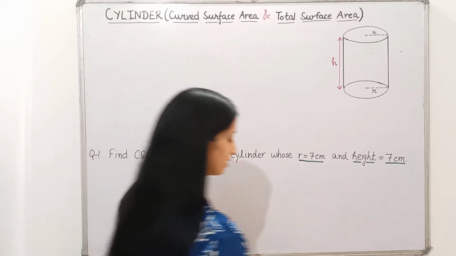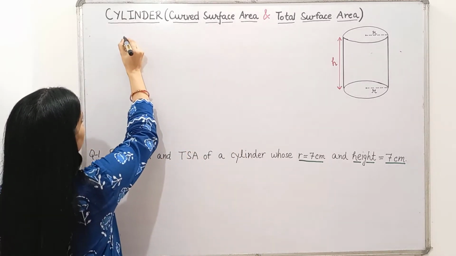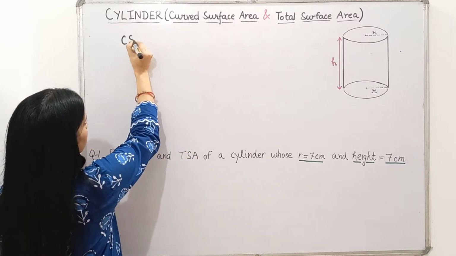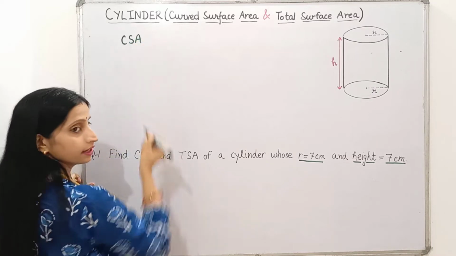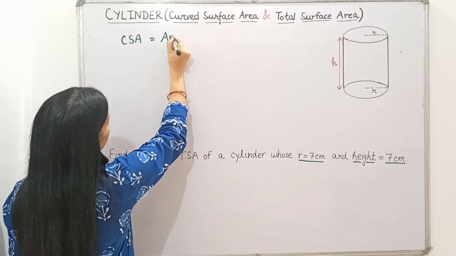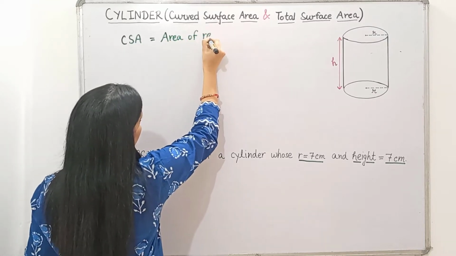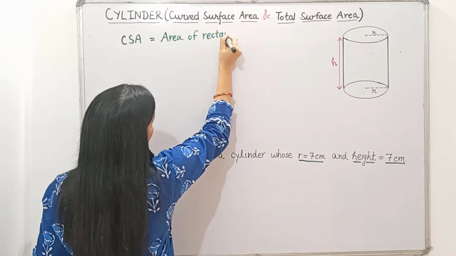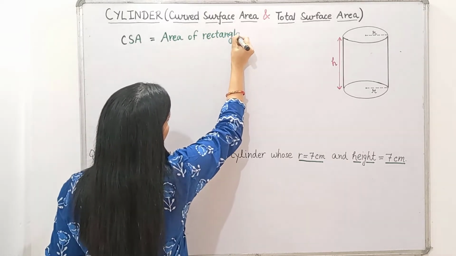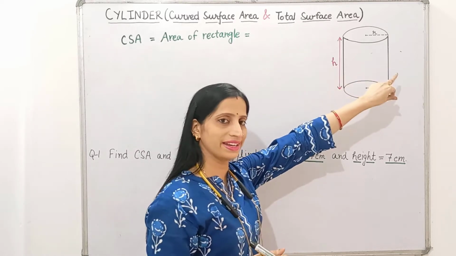Now let's write it. Curved surface area, I am writing CSA. Curved surface area will be equal to the area of a rectangle. Okay. And what is the formula for the area of a rectangle? This one, this curved part. When we open it, we will find a rectangle.